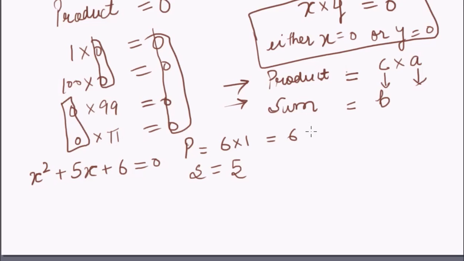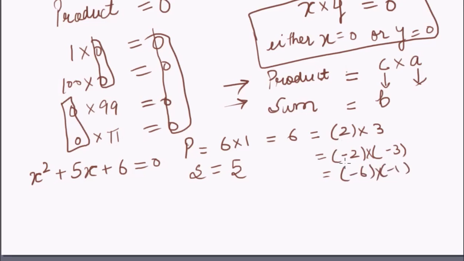On performing the prime factorization of 6, we'll see that 2 into 3 is also 6. Similarly, if we see negative factors, then minus 2 into minus 3 and minus 6 into minus 1 is also 6.